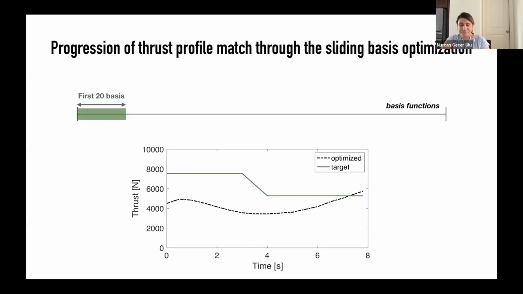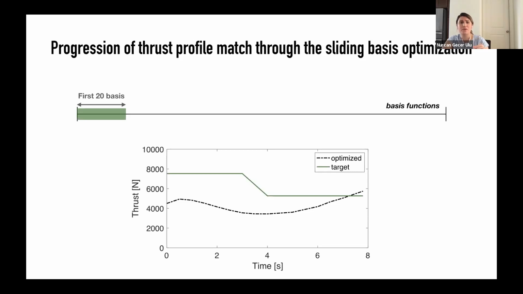Let's go through the thrust profiles that we achieve through these sliding basis optimization steps. For this problem, we first start with 20 bases. This number could change, of course, but in our applications we use 20, and it was working well for our examples.